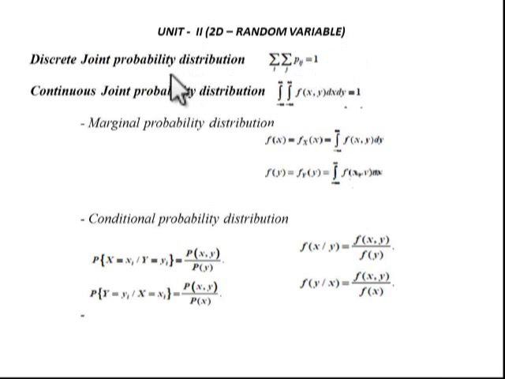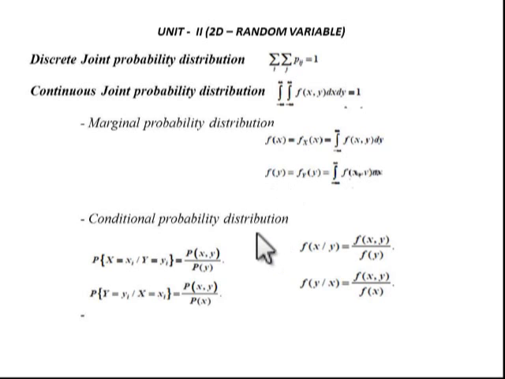In the second unit of the PQT subject, for the two-dimensional random variable case, we discuss the discrete joint probability distribution, which is JPMF, and the continuous joint probability distribution, defined as JPDF, joint probability density function. For these two cases, discrete or continuous, we define the marginal probability distribution, which considers only a function of x or a function of y, called the marginal probability distribution of x and of y.